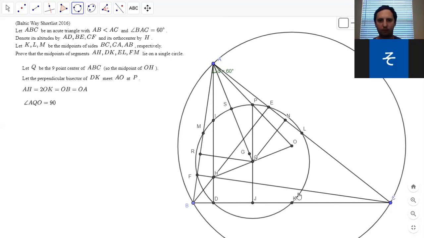Because R and N are reflections across the angle bisector. So I think we should be able to use that. So angle PRN is ARN minus ARP.